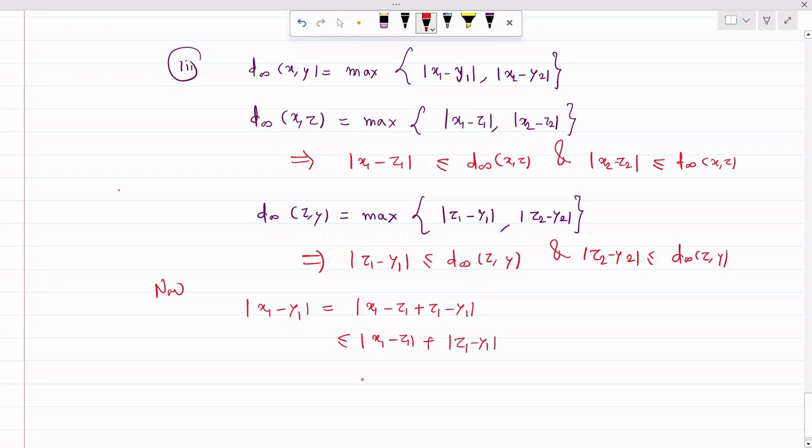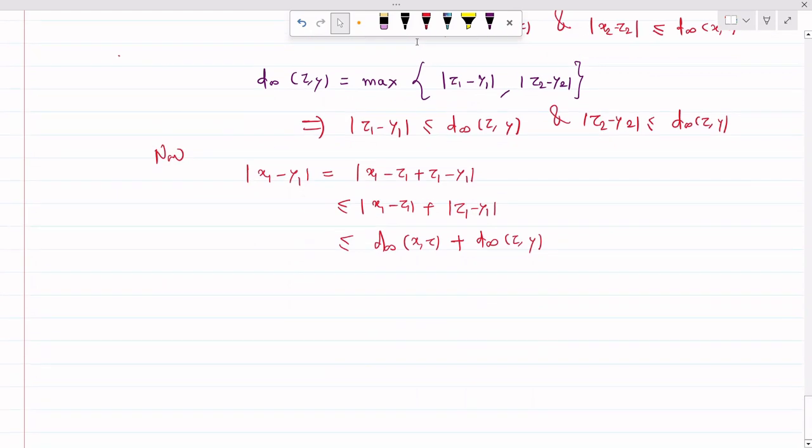We know that mod of x1 minus z1 is less equal d infinity of x comma z, and mod of z1 minus y1 is less equal d infinity of z comma y. A similar argument can be applied to mod of x2 minus y2.